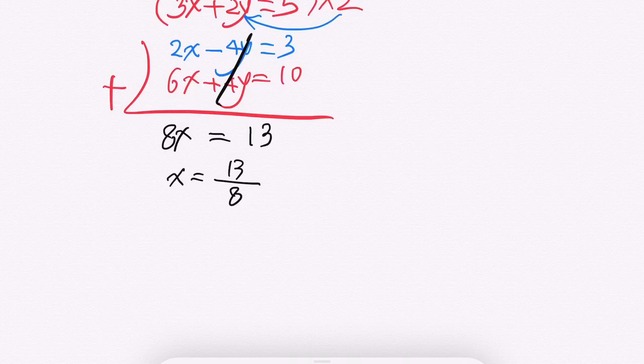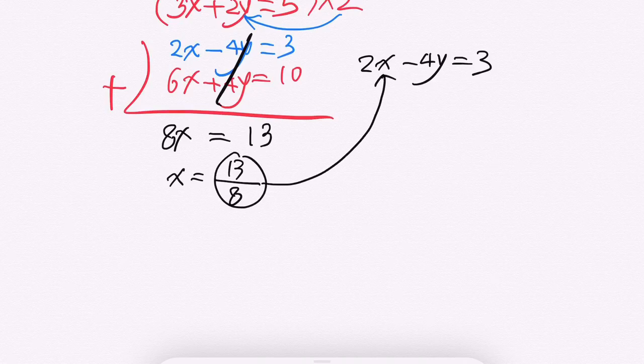After you find the x value, plug in the x value for either of the two equations. I'm going to use the second equation, 2x minus 4y equals 3, because it looks easier for me. So plug in 13 over 8 for x, and then 2 times 13 over 8 minus 4y is equal to 3.